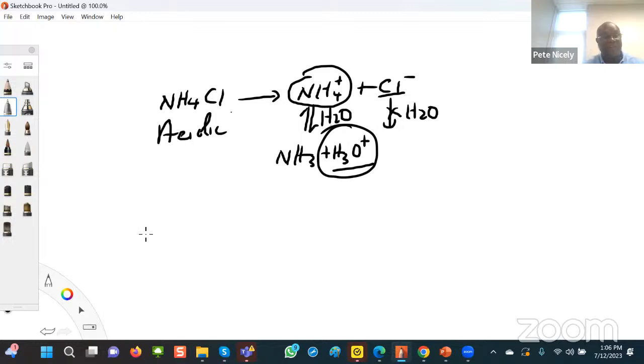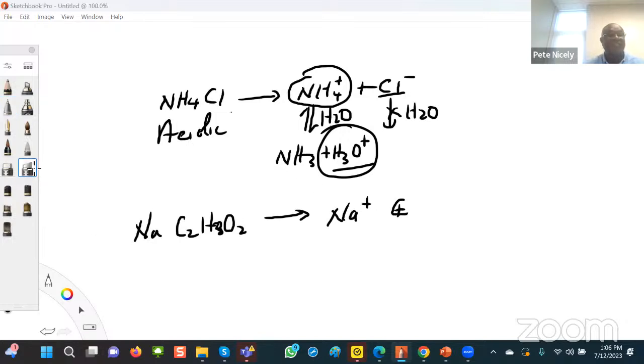Now, let me show you another example. In this case, we're going to look at sodium acetate, which is NaC2H3O2. When that reacts with water, you're going to have Na plus plus C2H3O2 minus.